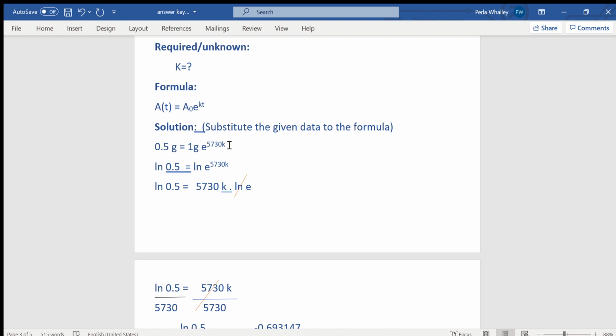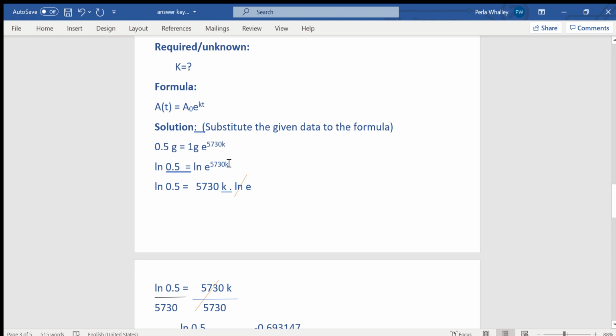Now, we can solve this by getting the natural log of the values on both sides of the equation. So we get the natural log of 0.5 is equal to, again, natural log of e raised to the time times the decay rate.